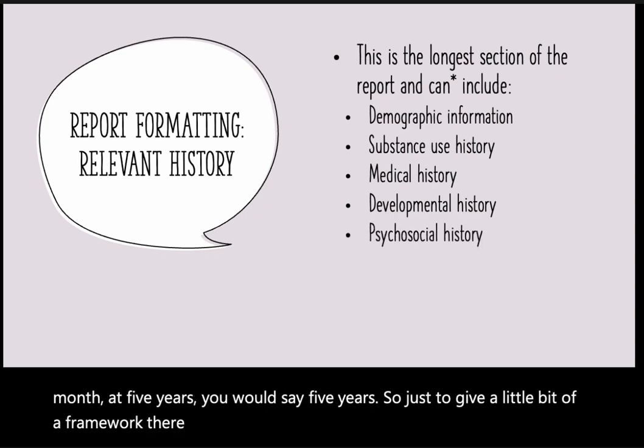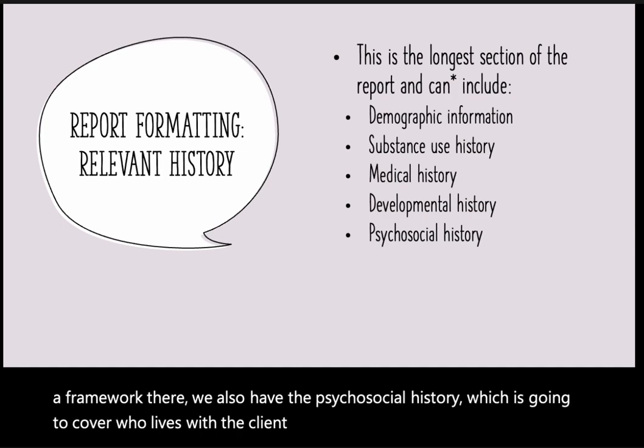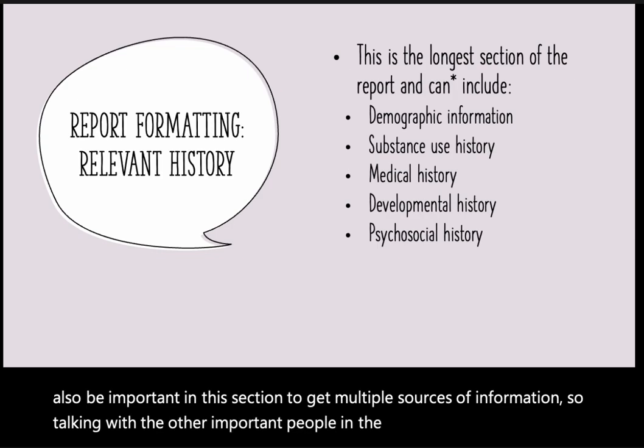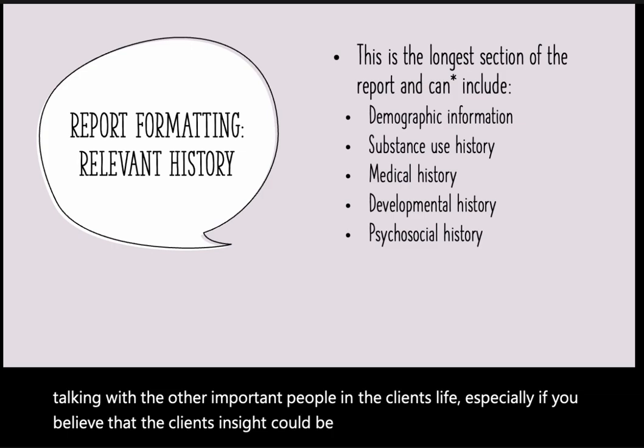We also have the psychosocial history, which is going to cover who lives with the client and is around them consistently. It may also be important in this section to get multiple sources of information, so talking with the other important people in the client's life, especially if you believe that the client's insight could be limited, especially around their substance use.